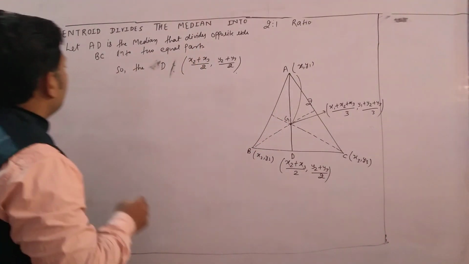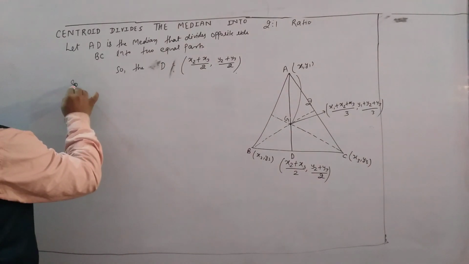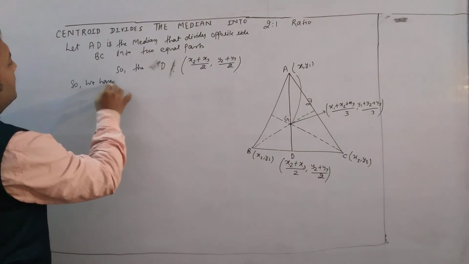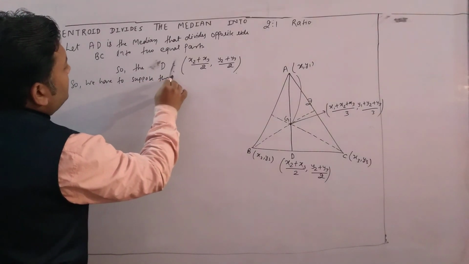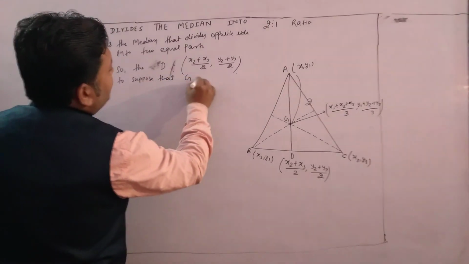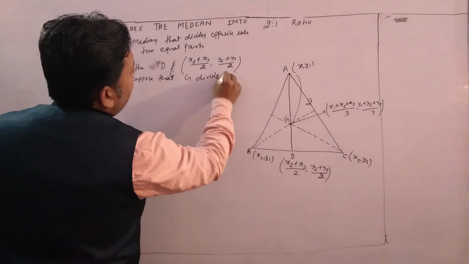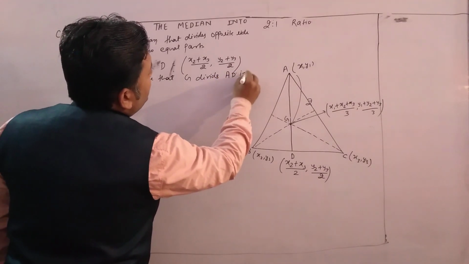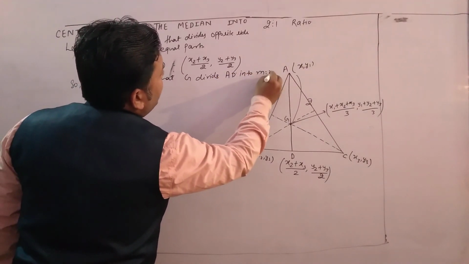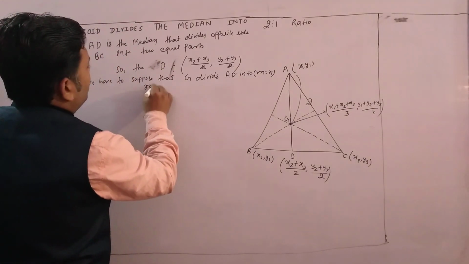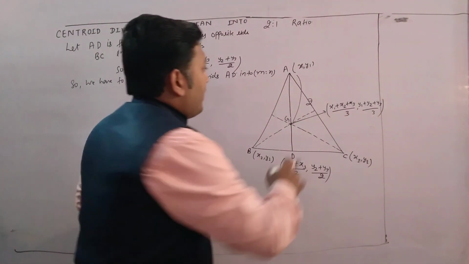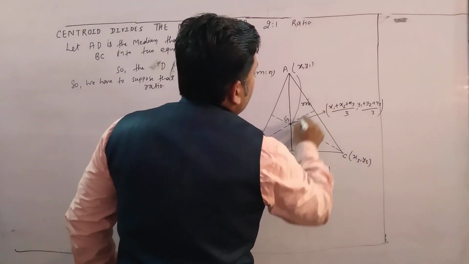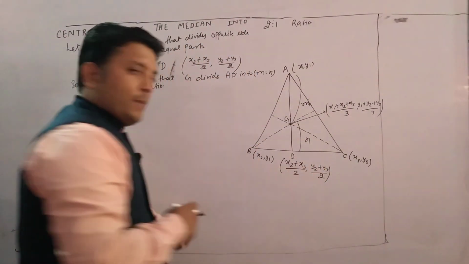So first of all, we have to suppose that G divides AD into m:n ratio. First of all, we have to suppose m:n ratio.